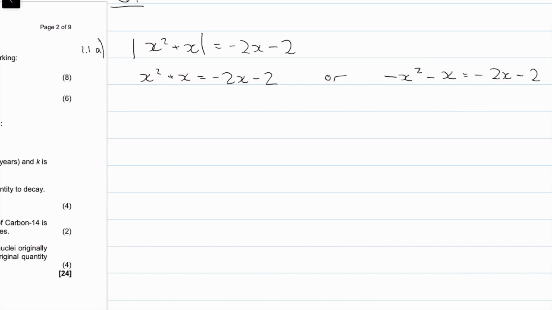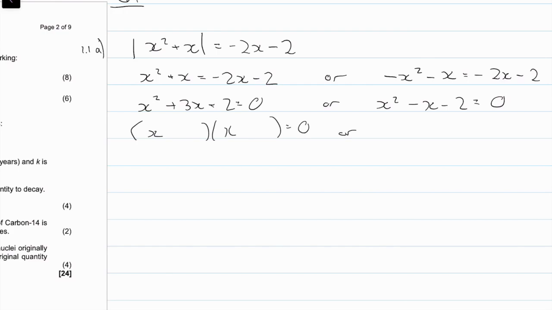Okay, from here it's some simple algebra. So we have x squared plus 3x plus 2 is equal to 0, or taking negative x squared to the right hand side, we have x squared minus x minus 2 is equal to 0. Okay, let's factorize. So we have (x and x) equals 0, or (x and x) equals 0.